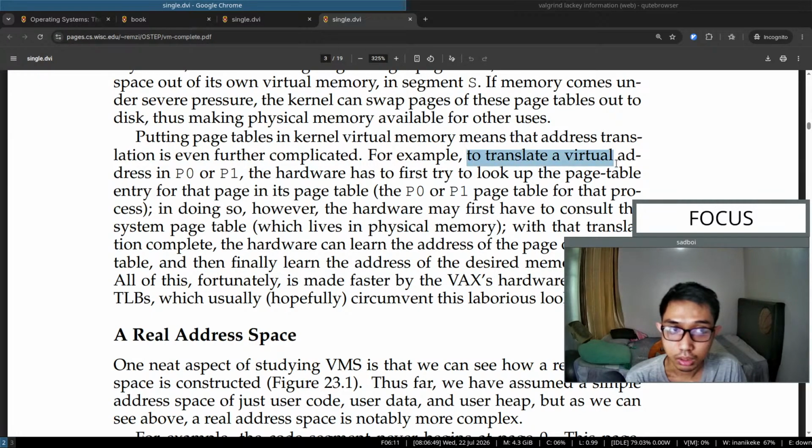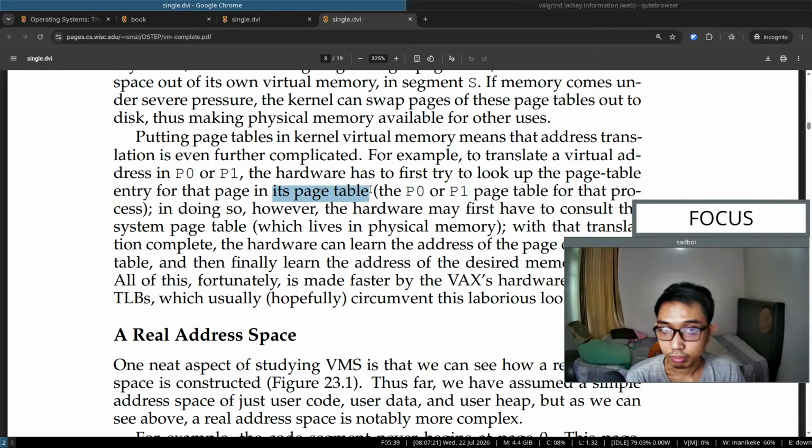Okay, to translate a virtual address in P0 or P1, the hardware has to first try to look up the page table entry, the PTE, for that page in each page table, the P0 or P1 page table for that process. The process space, I guess.